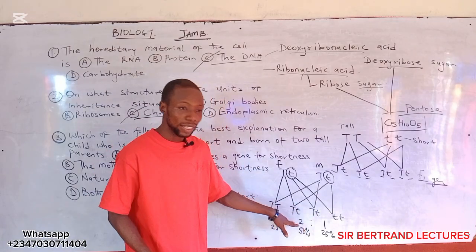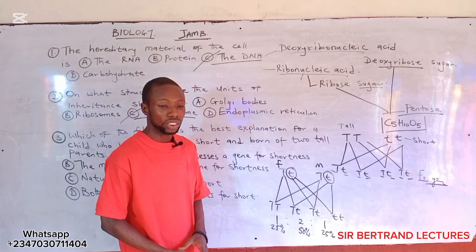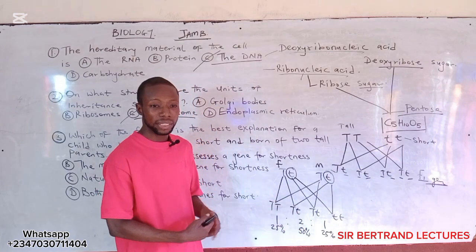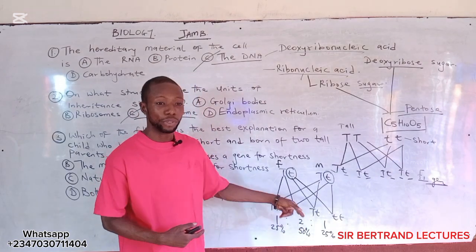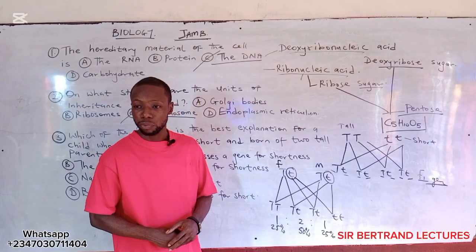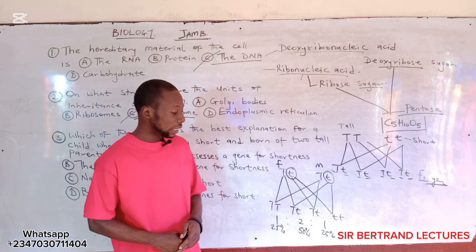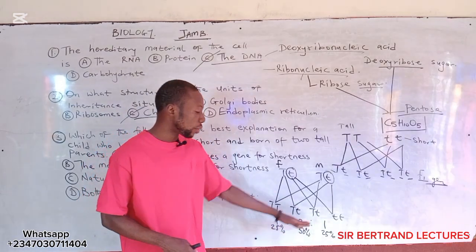These two here are heterozygous tall. The capital T represents the dominant gene because it expresses itself in the presence of the other gene, while the small letter t represents the gene for short, and that is recessive because it was not able to express itself in the presence of another gene.